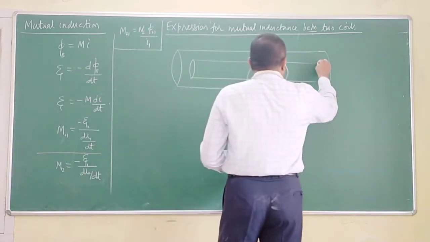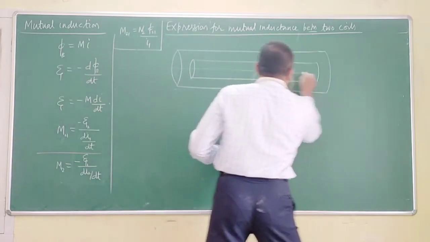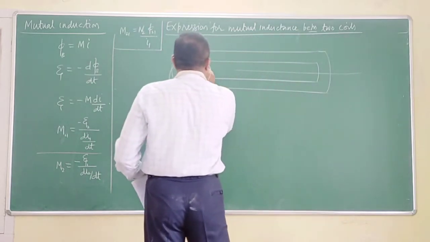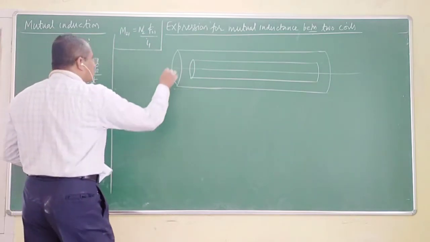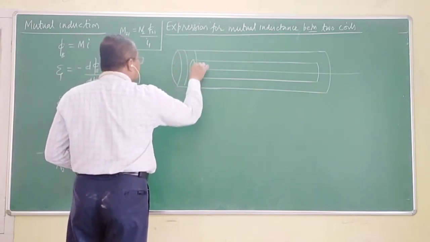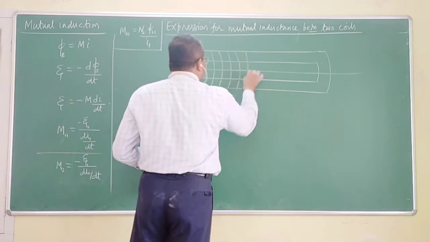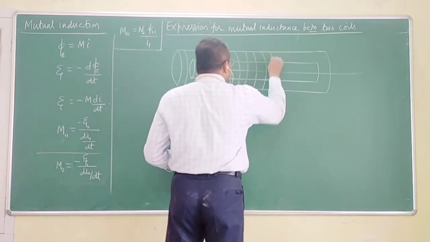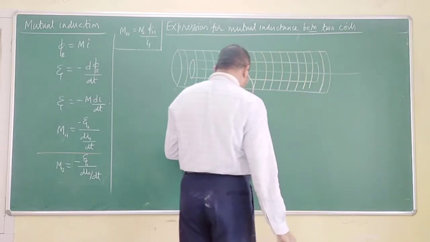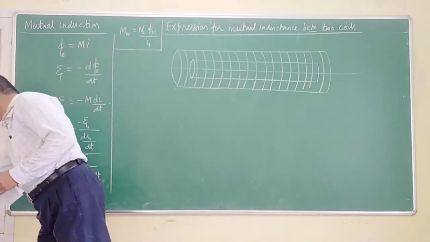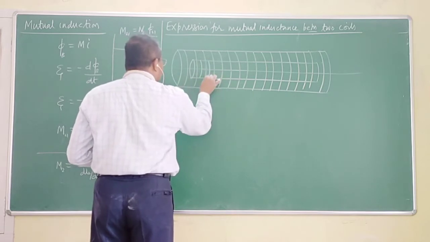Then I will draw the axis. Let us say that is the axis. These are the turns of the outer solenoid. And the inner solenoid, I will draw it in green color.